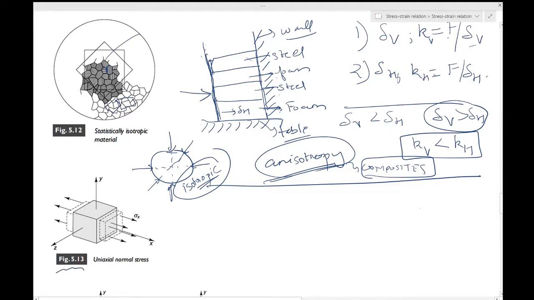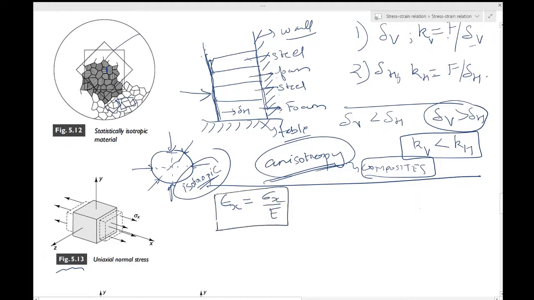You have only one component of stress acting over here, and that is sigma x. The directions are shown to you. As discussed in the previous section on the tensile test, this normal component of stress will produce a corresponding normal strain, epsilon x, and you are only considering the linear relationship between stress and strain. So epsilon x will be equal to sigma x by E.